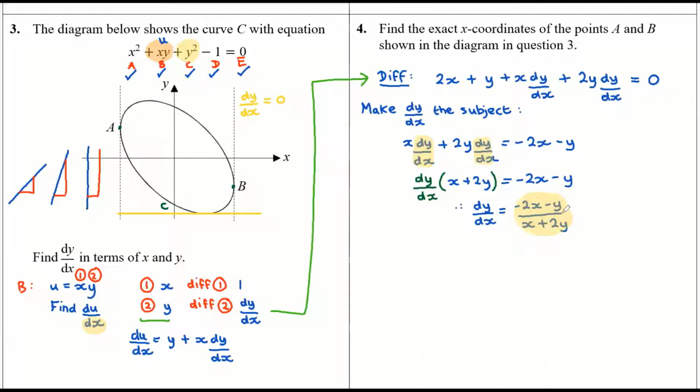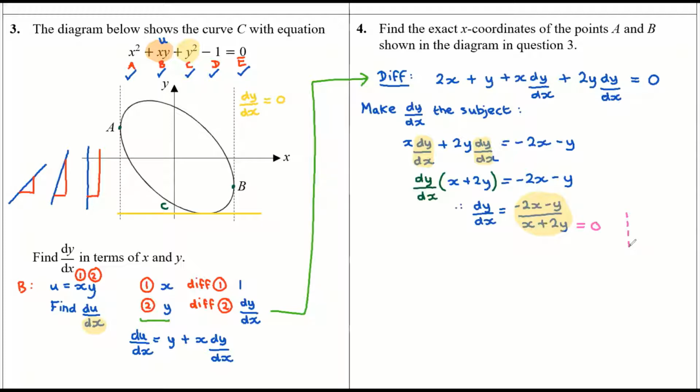To make it undefined, or have an infinite steepness if you like, the way to do that is, of course, to set the denominator equal to 0. If you set the denominator equal to 0, that would make your gradient undefined, and it would be a vertical straight line.